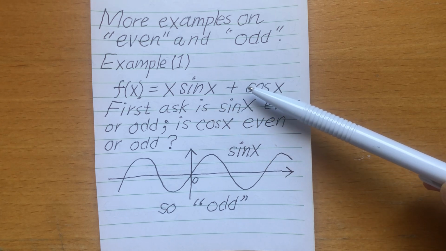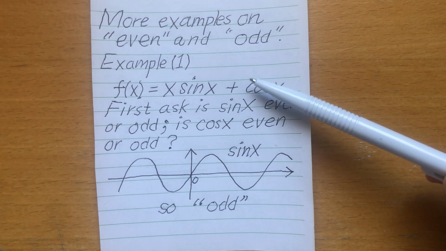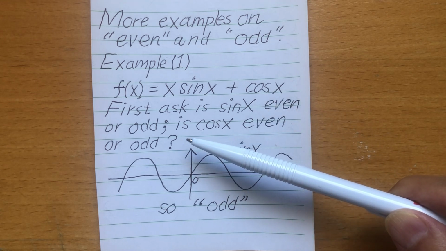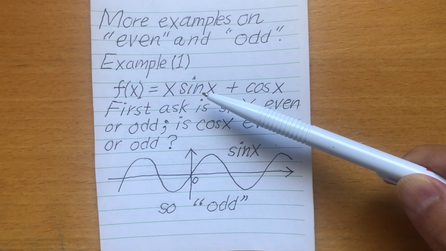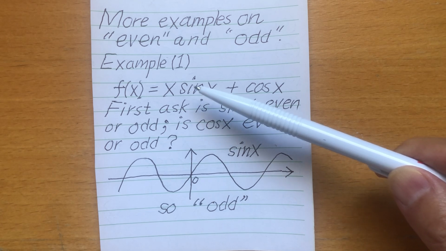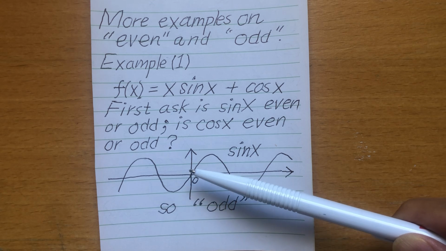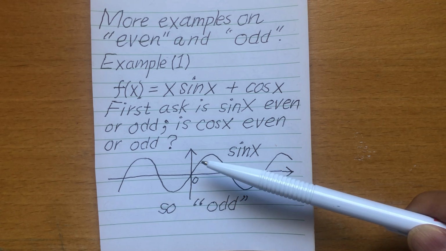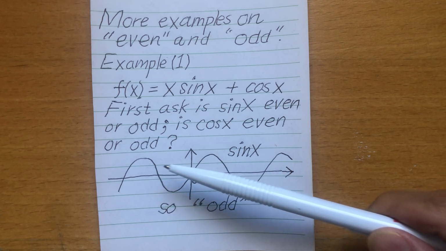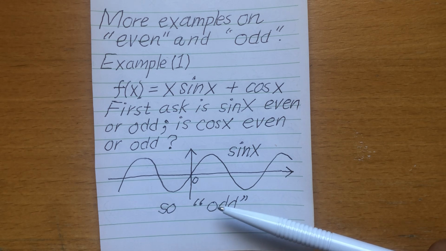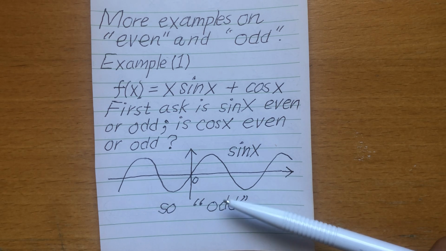And is cosine x even or odd? To answer that, we just look at the graph of sine x. This is the graph of sine x, and you see sine x is an odd function.